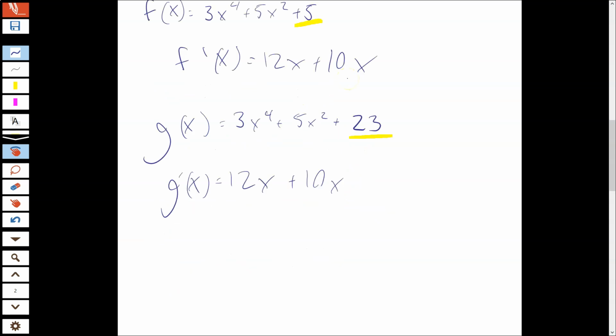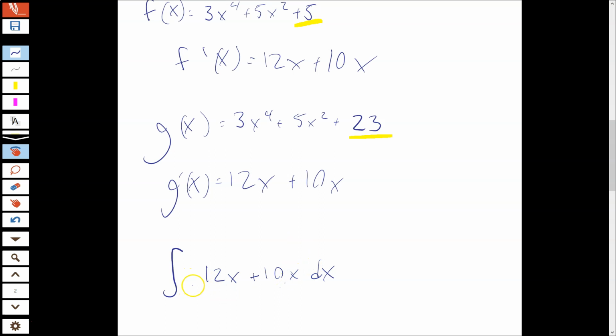Now, when we take an antiderivative, an indefinite integral, we need to represent that, right? So if I take an indefinite integral of what I just got, this could represent either f or g, right?